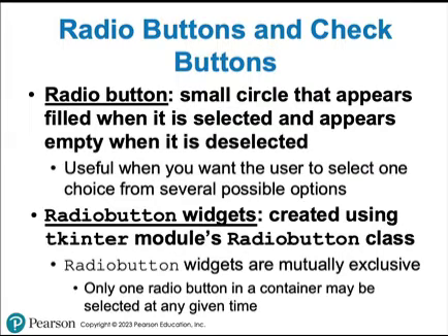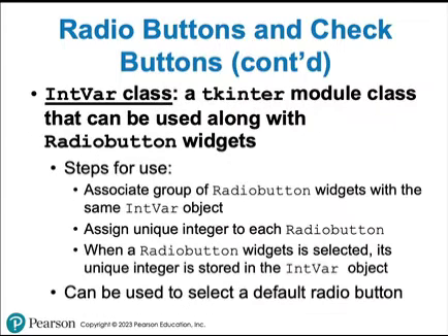Red, blue, white, black. And you can choose only one of those because your background can't be multiple solid colors at the same time. So you choose one. If you choose another one, the first one you selected goes away. And then you would be able to retrieve that selection.